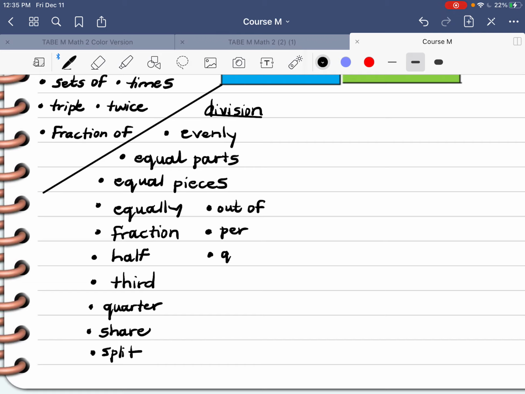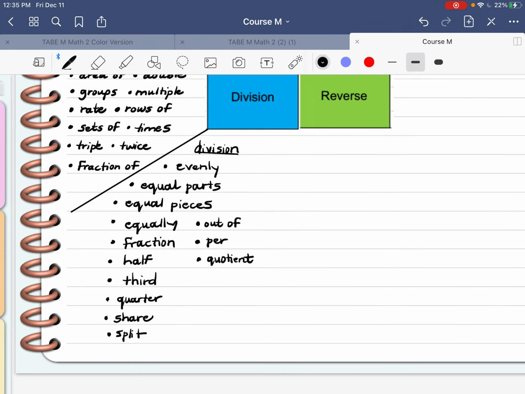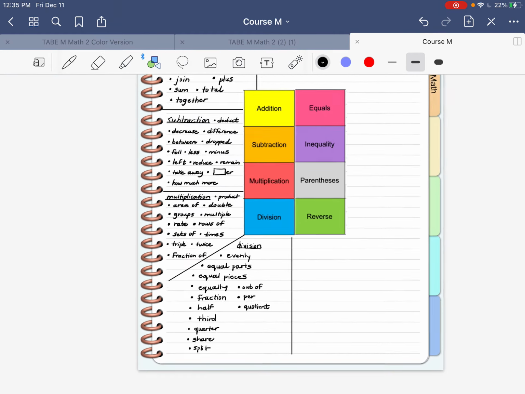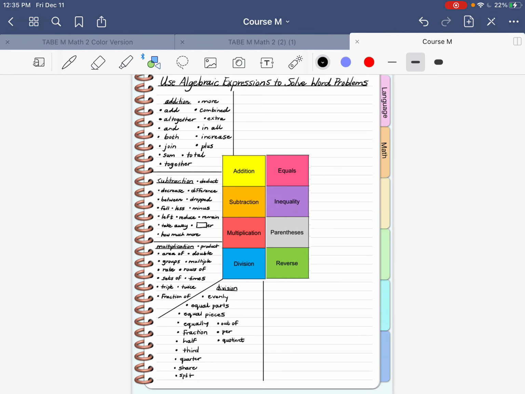And quotient. Are division words. Lots of those.